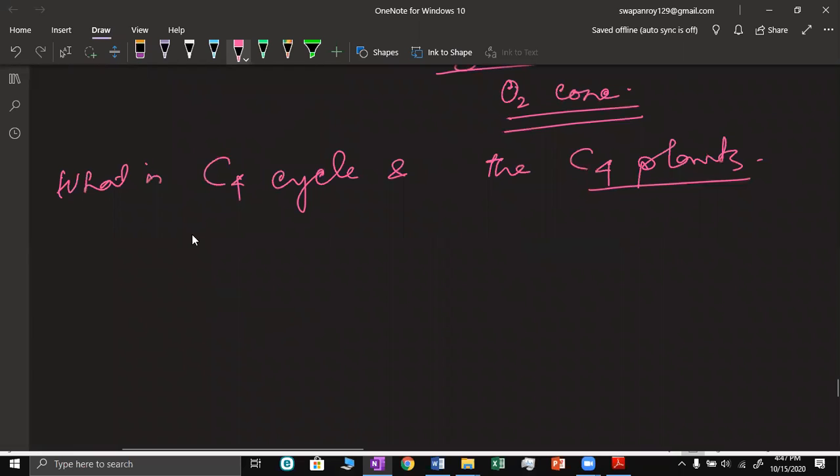Okay, in C4 plants, another important thing is what is Kranz anatomy.